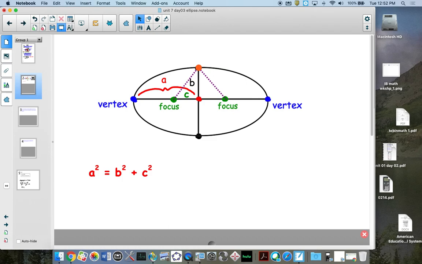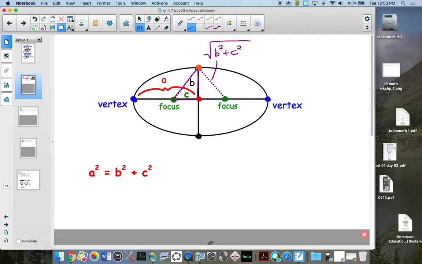Alright, so what is the distance to each focus if my point is up at the top there? In that case, we know that in this right triangle, the legs are C and B. So the hypotenuse is going to be the square root of b squared plus c squared.